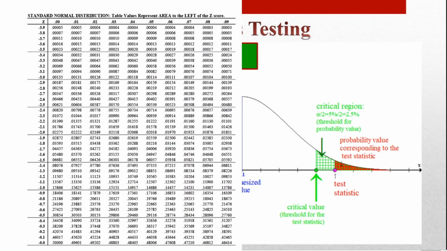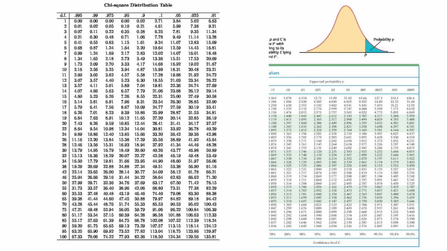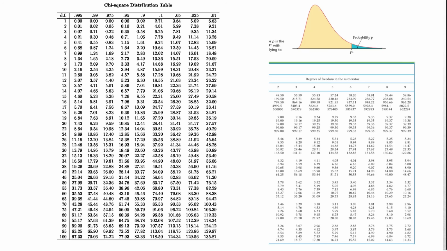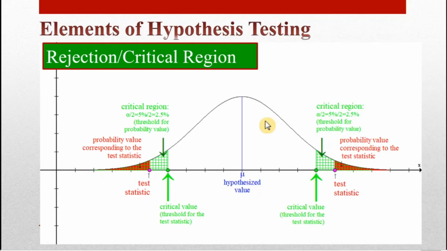So for the Z test, it is this table. It's a very long table. For the T test, this table here. For the chi-square distribution or for the F test, we have the following table. That was before. Although we can still do this, it was more prominent when, as I have said, the statistical software was not really that developed.